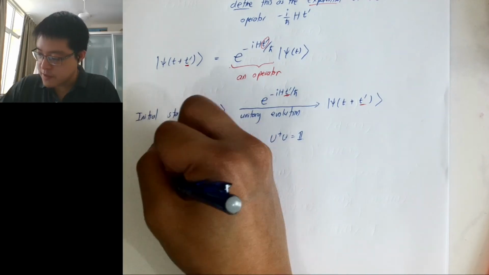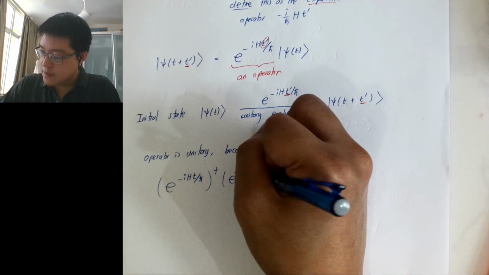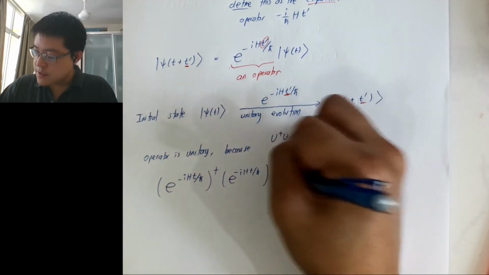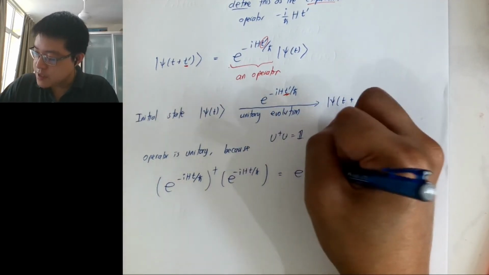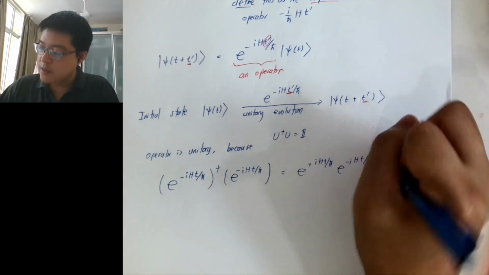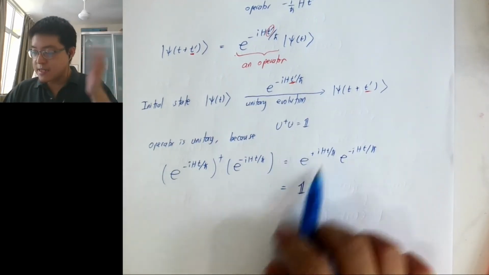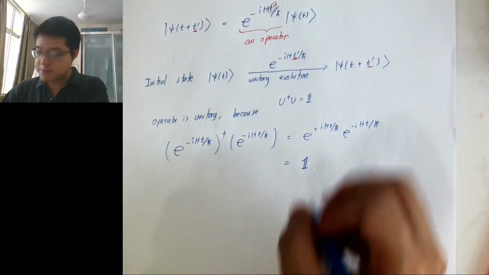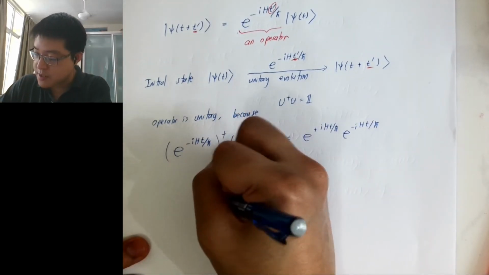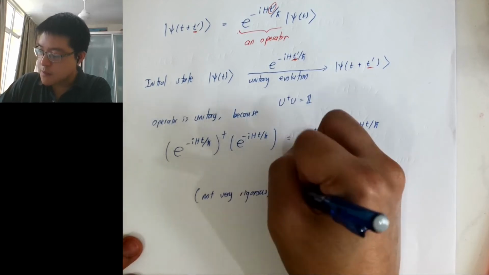So if I take the dagger, this becomes plus i H t over h bar, times e to the minus i H t over h bar, and this becomes the identity matrix. Why this is equal to the identity, I'm skipping a lot of steps, so this explanation is not rigorous, but it's true.